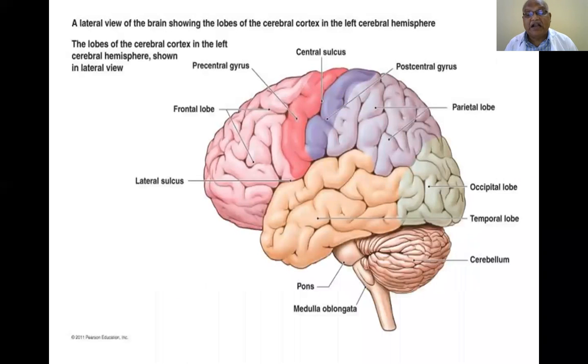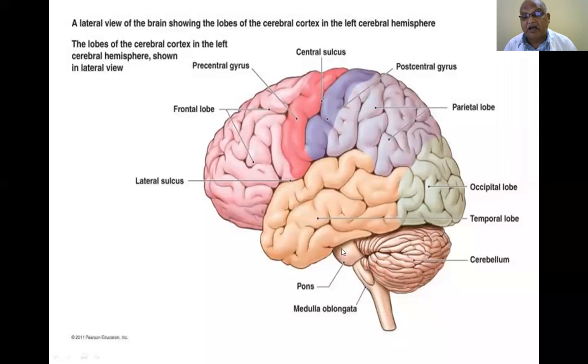This is the lateral view showing the cerebellum with the cerebrum. This is the frontal lobe, parietal lobe, occipital lobe, temporal lobe. This is the pons, this is the medulla, this is the cerebellum. The cerebellum is present behind the pons and also behind the medulla.